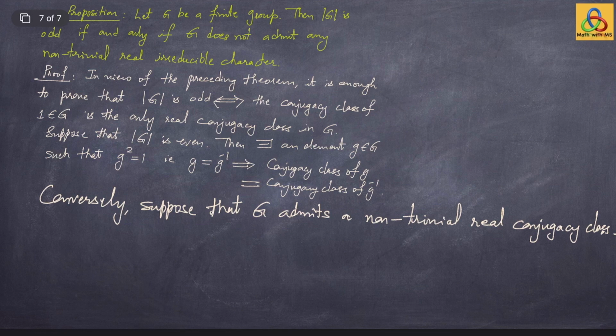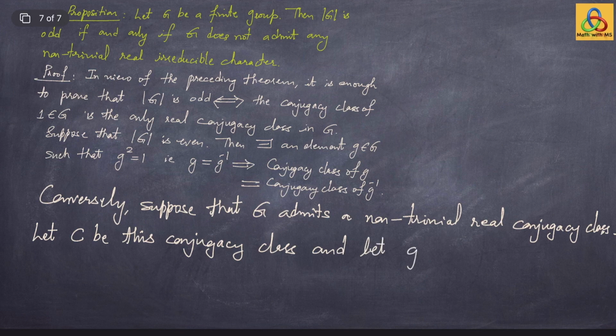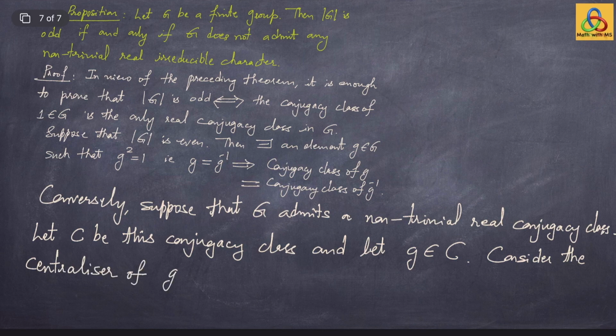Conversely, suppose that G admits a non-trivial real conjugacy class. Let us denote this conjugacy class by C, and let us take an element g belonging to C. Consider the centralizer of g in the group G. That is, the centralizer of g in G by definition is all those h in G which commute with g, that is, hg equals gh.